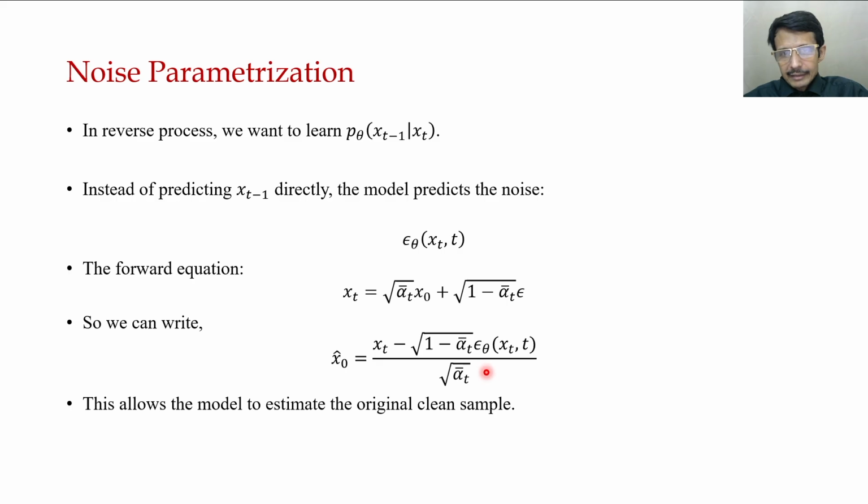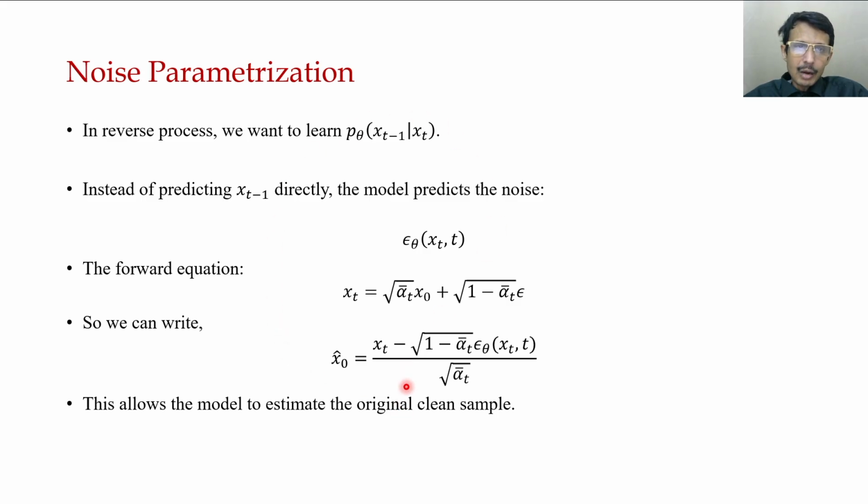We just rewrite this equation with xt minus root over 1 minus alpha bar t epsilon theta of xt comma t, and this is our parametric. This allows the model to estimate the original clean sample, because this is the x0, the clean sample, if we can model it. So this thing is called the noise parameterization.